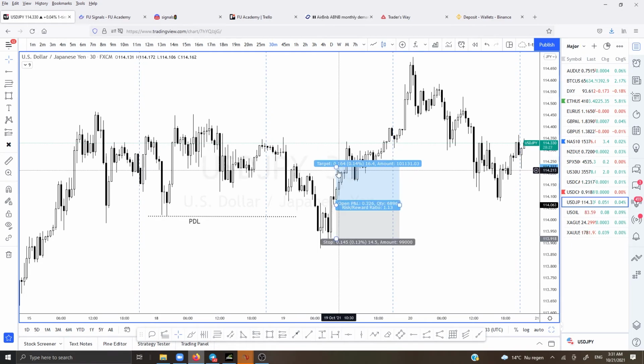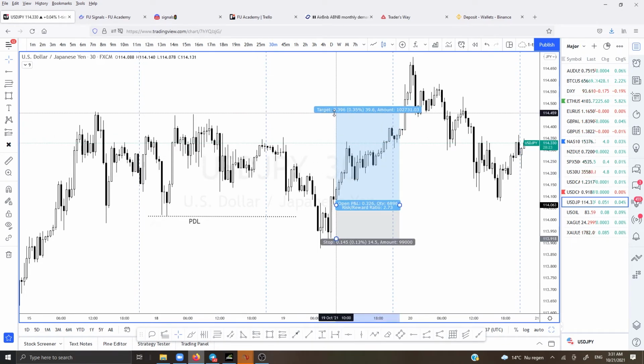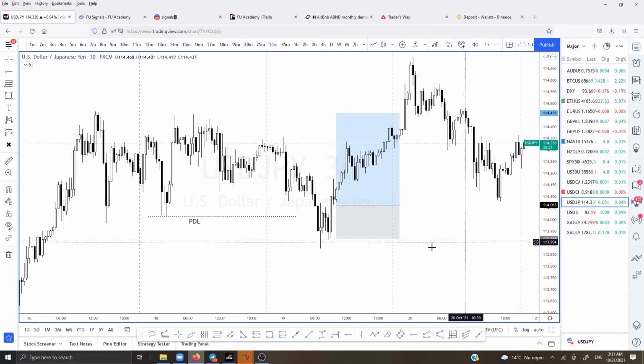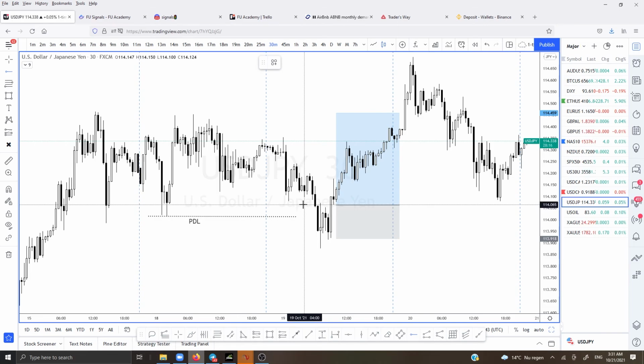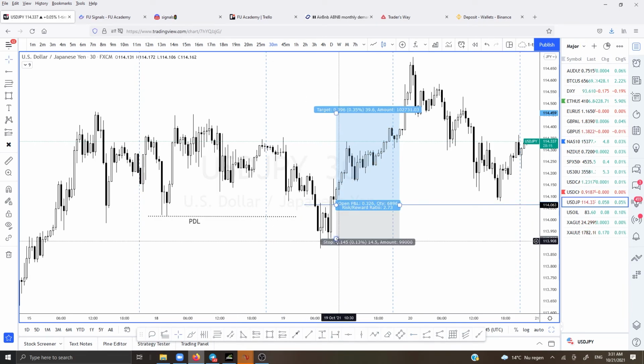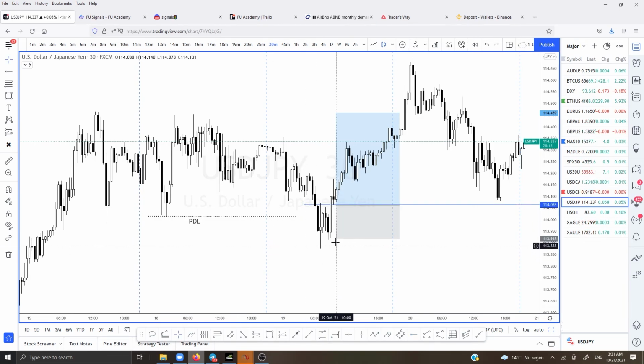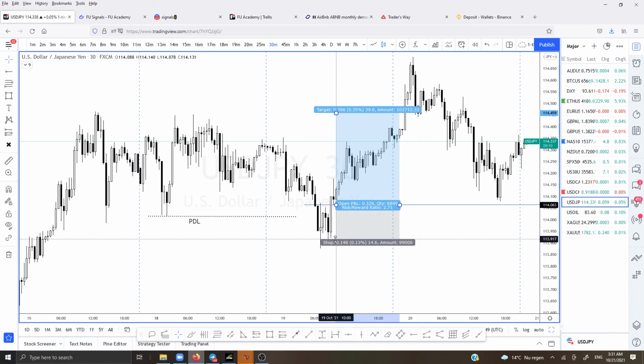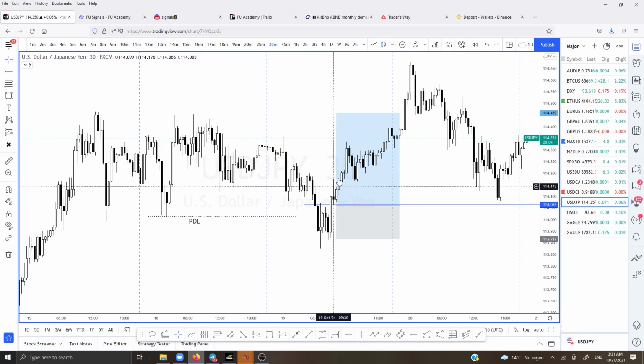You can look for these liquidities at least till here. It's not bad, almost 2.7 RR. Your stop loss is only this much, 15 pips, and your TP should be 39 pips, so that is almost 2.71 RR. And see, price went there.